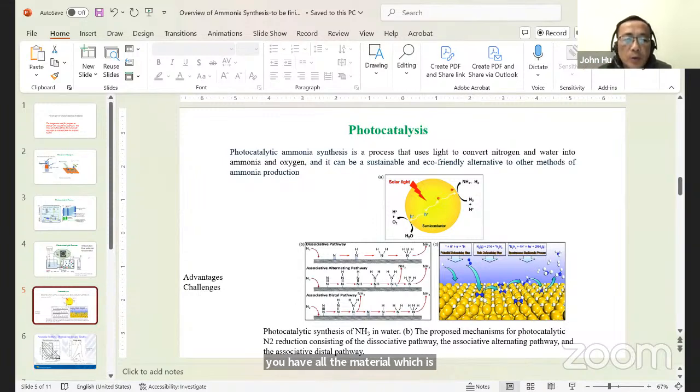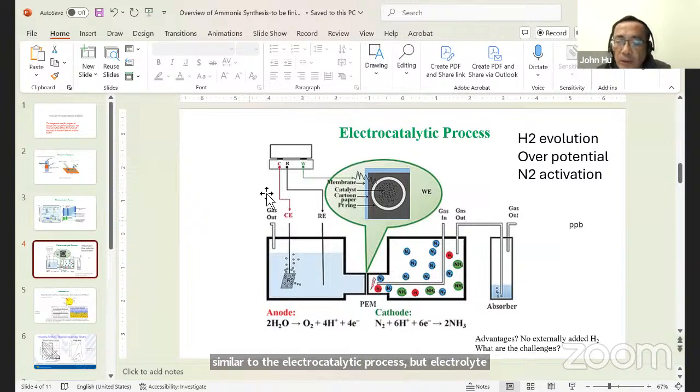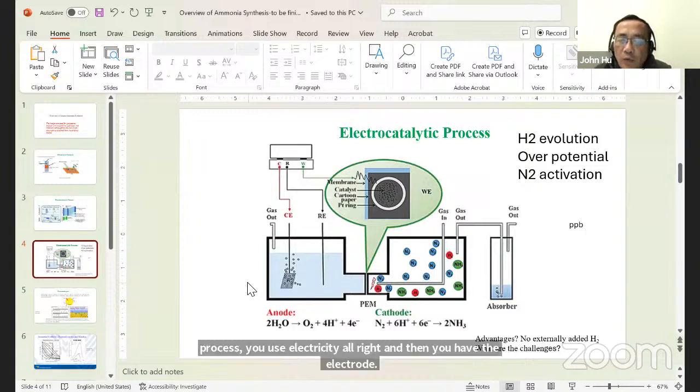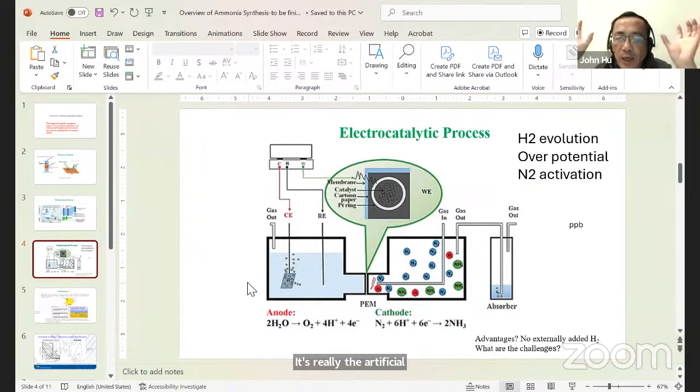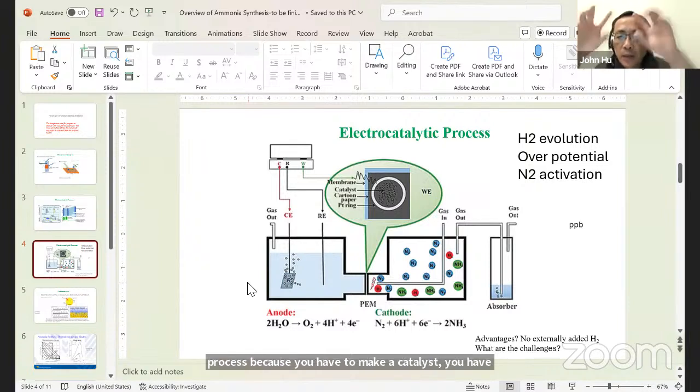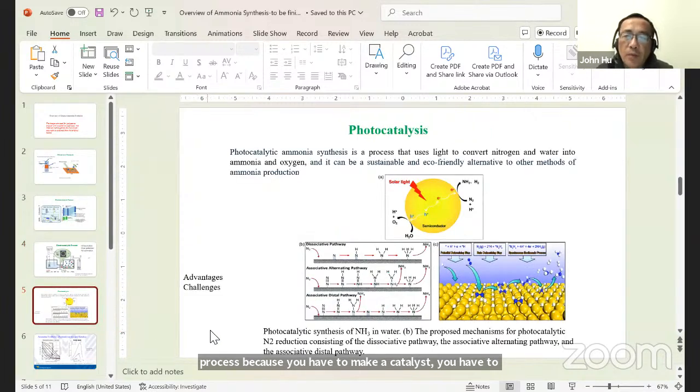It's similar to the electrocatalytic process, but in the electrocatalytic process you use electricity, all right? Then you have the electrode, and on the electrode you have a catalyst. It's really an artificial process because you have to make a catalyst, and you have to have something like a battery to run the reaction. In photocatalysis, your energy comes from solar.